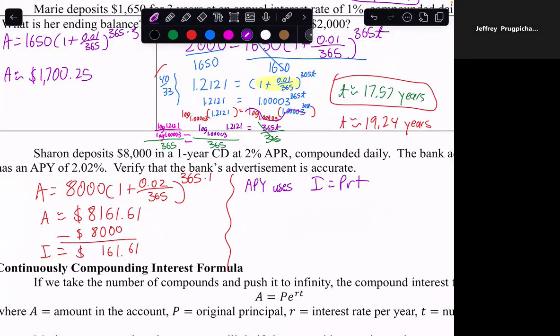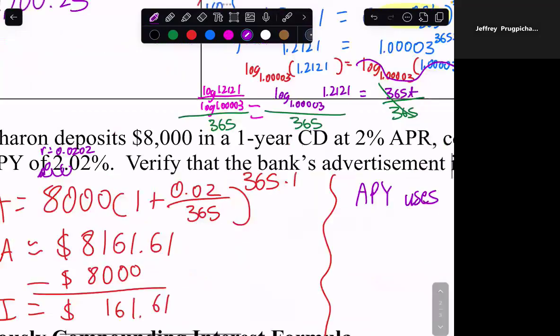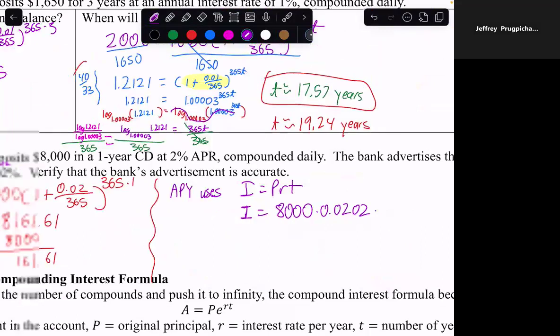We're trying to confirm that the amount of interest is correct, so I is our unknown. She's still starting with $8,000. Their claim is that the interest rate is 2.02%, which in decimal form would be 0.0202. And the time is still 1 year.